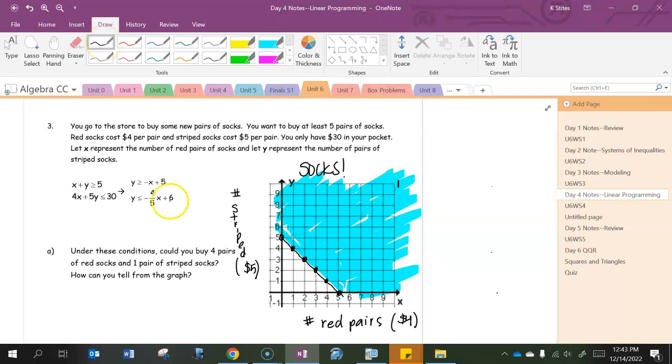Okay, we'll graph our second line, y-intercept at 6, down 4, right 5. 1, 2, 3, 4, 1, 2, 3, 4, 5. Okay, and then that's all you can get, so it's just kind of going to be like that. That one's a less than, so we are shading below.